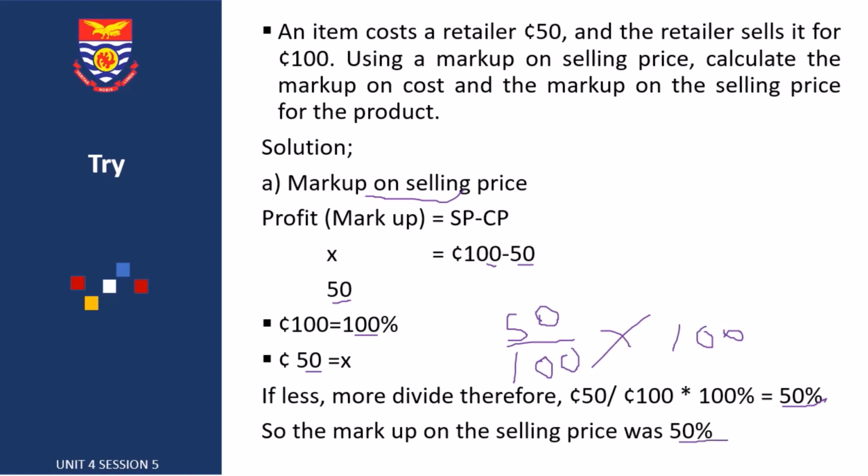Now, let us look at the markup on cost. What percentage has been added to the cost price to arrive at the selling price? First of all, we looked at what has been added to the selling price. Now you're looking at what has been added to the cost price.